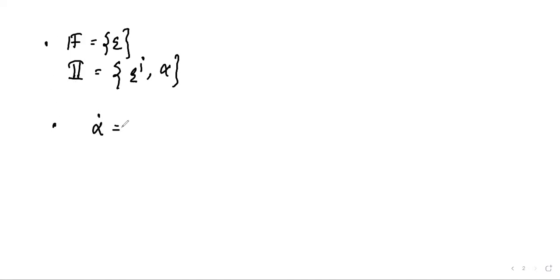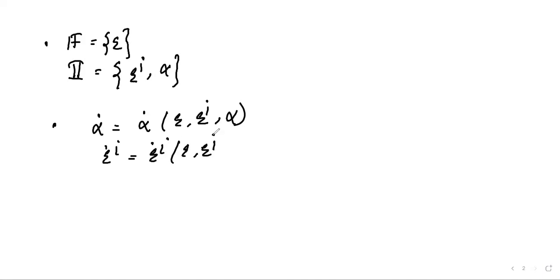Alpha dot, which is a hidden variable, should depend on the free variable and the hidden variable itself. Similar functional dependency goes for epsilon I dot, which depends functionally on epsilon, epsilon I, and alpha.